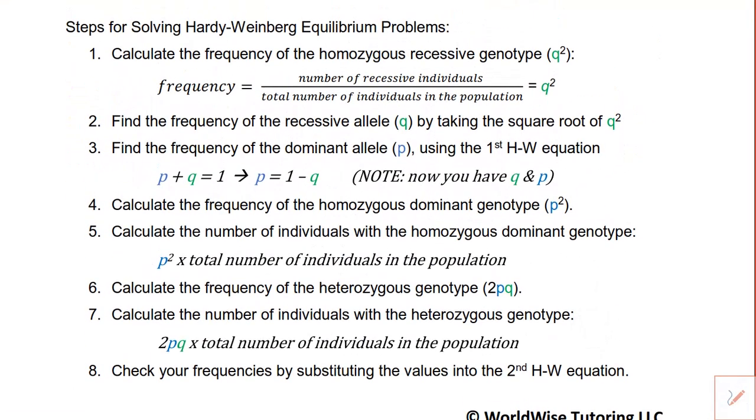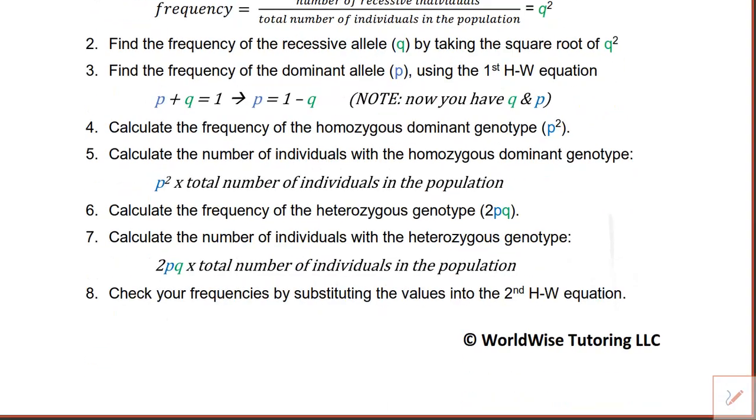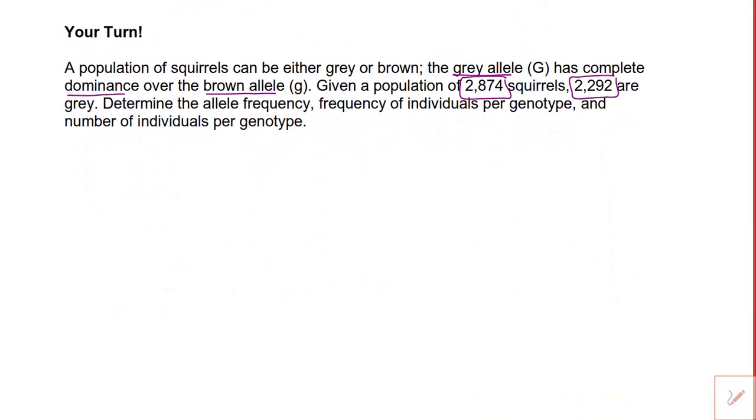The first step, to calculate the frequency of homozygous recessive genotype, which is Q squared, we need to take the number of recessive individuals and divide it by the total number of individuals in the population. Well, I already know what the total number of individuals in the population is. That's 2,874.